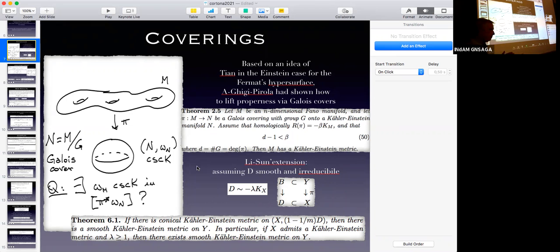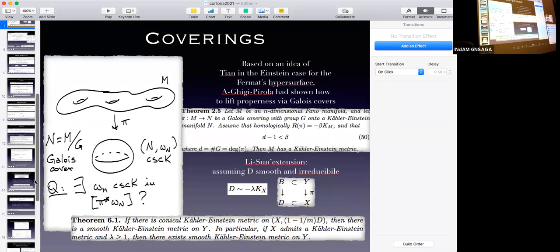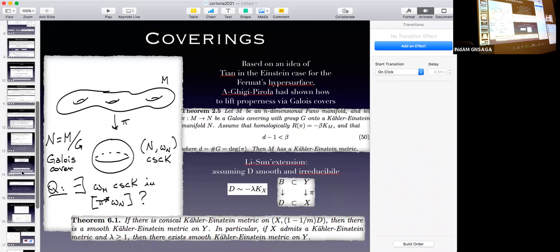Now we have good existence and deformation theorems for such metrics, but not to the point of saying, does there exist a conical metric of angle 2 pi divided by 3? This is exactly the kind of question this problem poses. So unfortunately, those theorems help, but they don't solve the problem.